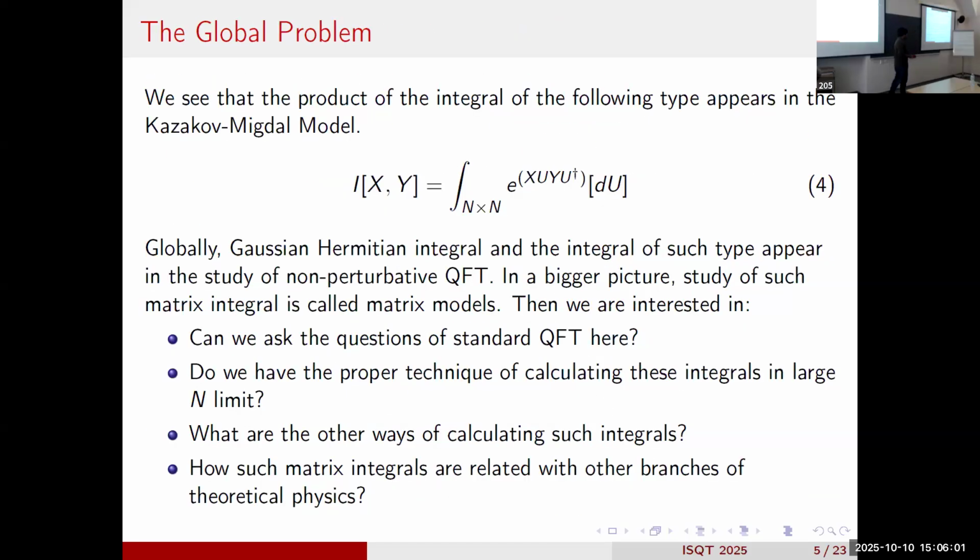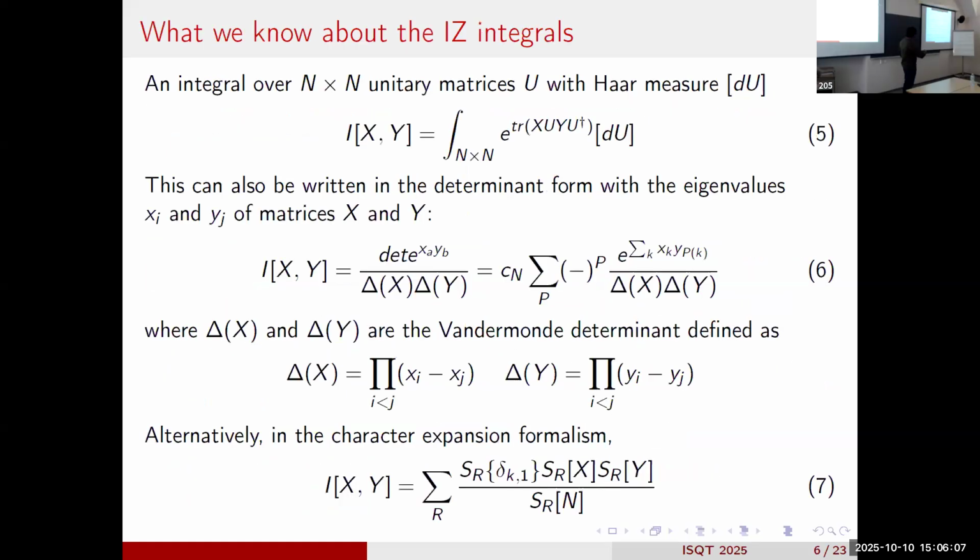First of all, let me introduce what is known for this integral. This integral can be expressed in two ways. One is the determinant formula that people found. Another approach is this one. This particular integral you can express in terms of these two polynomials.